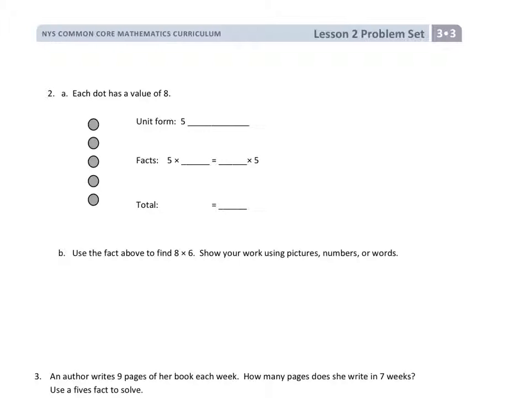So now on this one we have this number 2a. We have these dots and they're each worth 8, so we're going to write an 8. So remember, unit form is 5 what? What do we have 5 of? 5 eighths. 5 eighths is 5 times 8, or 8 times 5.